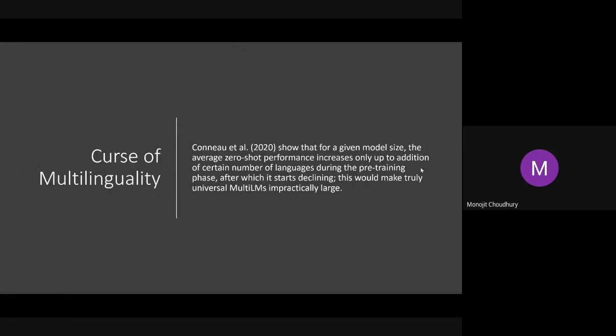But if I start adding more and more diverse languages to it, often it doesn't help. So zero shot works best when within a family you have a bunch of languages and you build a model dedicated to that family. So this is one particular finding. And the criticism of the current models is that they don't do it this way, right? They just take a random set of languages wherever the data is available, and they try to build one single large model.